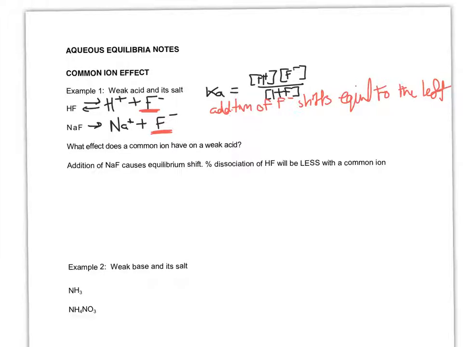So let's look at all the concentrations in my reaction here. Let's start with the H+. Since I am shifting my reaction to the left, I'm using up some of the H+, and so that's going to decrease. Let's look next at the HF concentration.